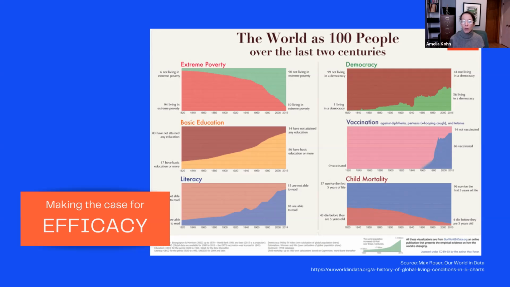Our brains seem to work better when we're talking about 100 people than when we're using percentages, but it's really the same thing, right? And the notations here are really helpful too. So we can quickly see that poverty and child mortality have decreased dramatically over the past 2 centuries, and that other things like basic education, literacy, democracy, and vaccination have all dramatically increased over the same time period.